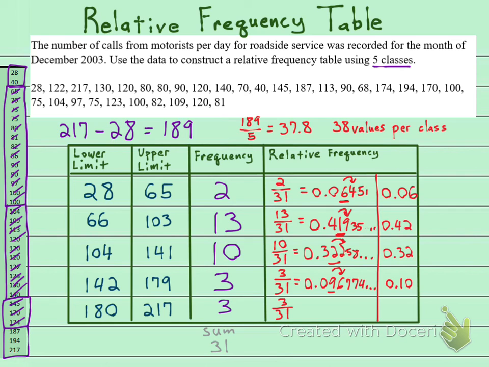You might also see that written as 0.1. And then 3 out of 31 is the same thing, so this would be 0.10 also. And that is our relative frequency table.